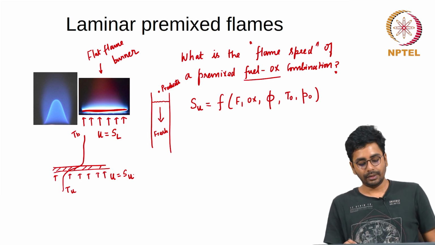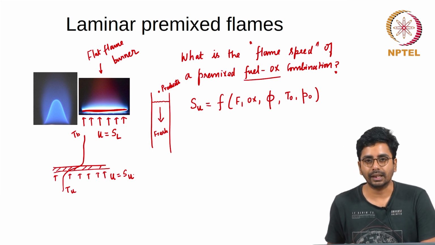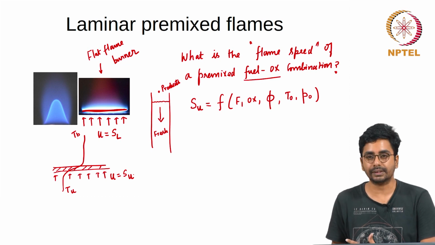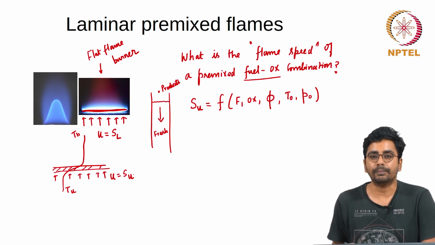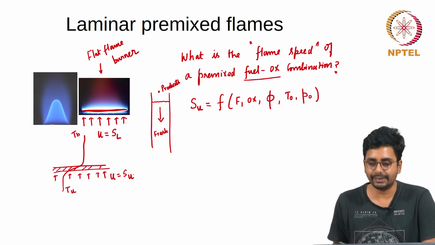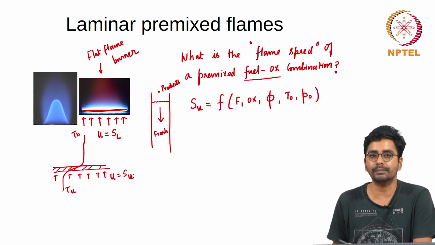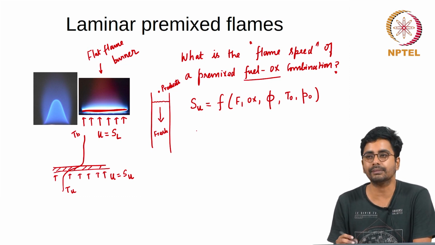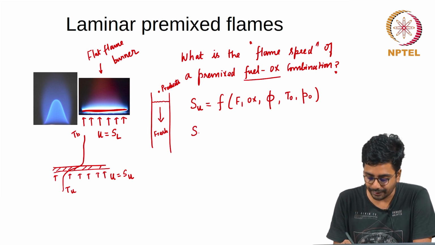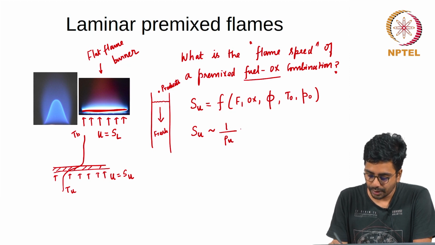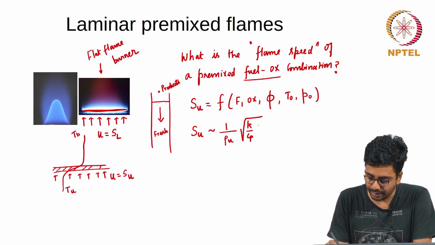Okay. So for this structure of the flame, we performed a mass balance analysis and an energy balance. When these two simple integral equations are put together, we could derive a simple expression for the flame speed and the flame thickness. We saw that SU goes as 1 by rho U times the square root of the thermal conductivity divided by the specific heat multiplied by the average reaction rate.